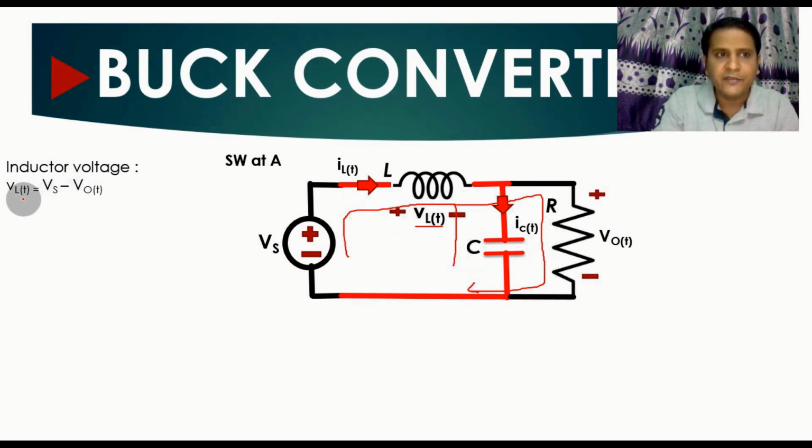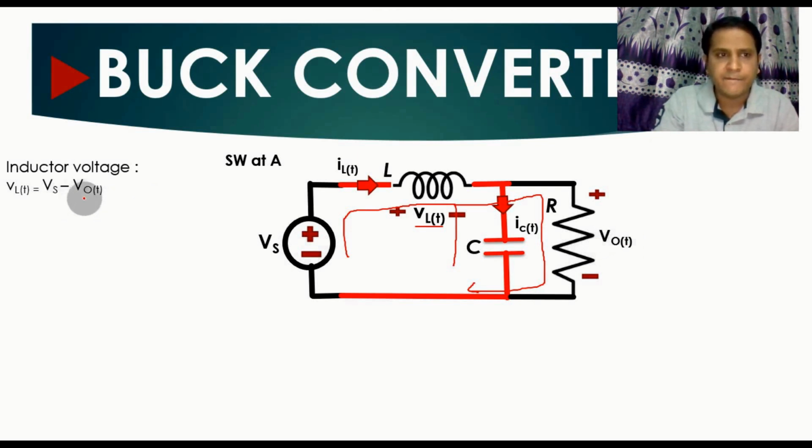you can find VL(t) equals Vs, the source voltage, minus Vo(t), the output voltage, right? So during turn on time, or when the switch is at A, the voltage across the inductor is Vs minus Vo(t).